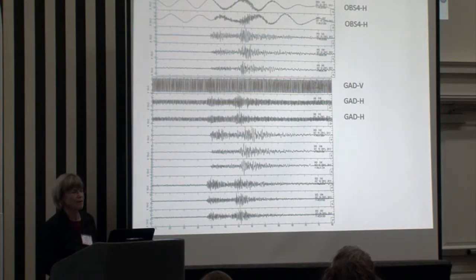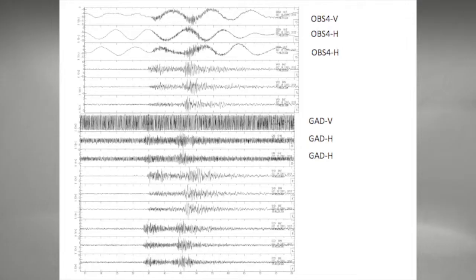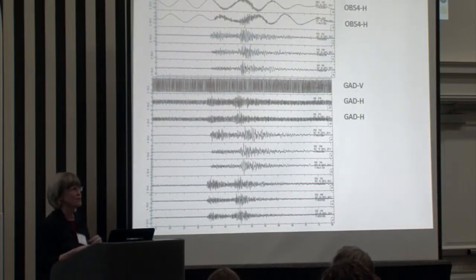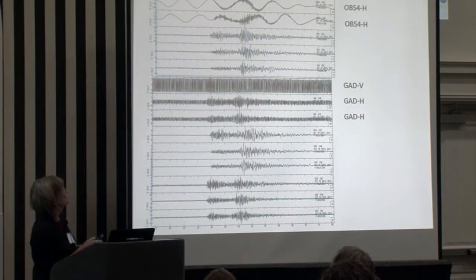The top 3 are the OBS4. So this is a lot smaller earthquake, about the same distance as that magnitude 4.1. But you can see when it's a smaller event for the OBS, you do have to worry about filtering. What we're looking at is basically the ocean noise here.